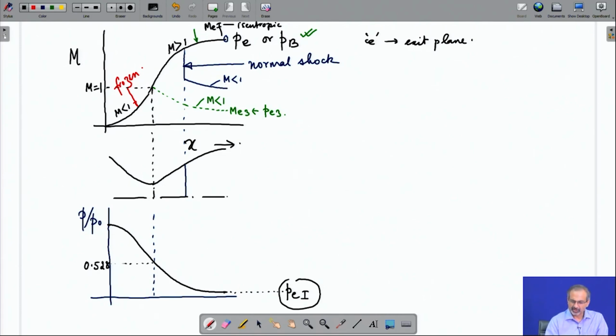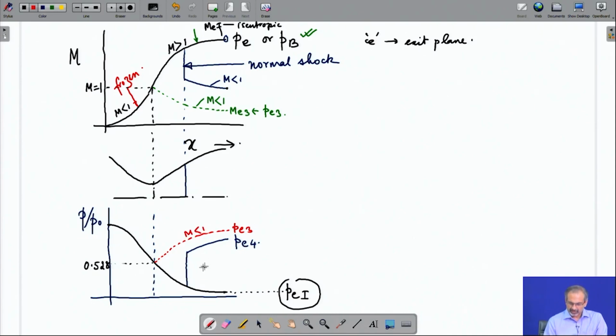What is the pressure corresponding to the normal shock formation here? Let us try to make the plot for that. So, when the normal shock forms, the pressure distribution looks more like this. Let us call it PE4. Let us superimpose the PE3 over this plot. PE3 was somewhere here, where you had an isentropic subsonic part.